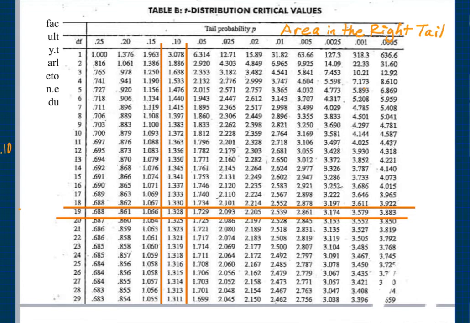All right, so we were working with an area of 0.10, so we will go down that column. We were working with a sample size of 20, that means the degrees of freedom is one less than that, or 19, and there is the value. So we go down from 0.10 and across from 19, and we arrive at the value 1.328. Ta-da! We have found our t-value.